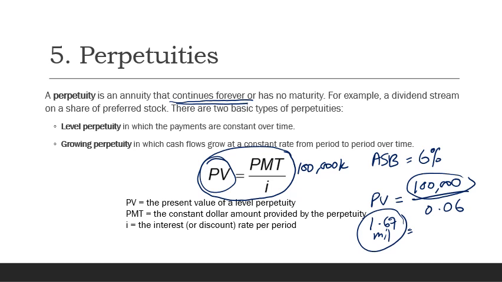So basically, I have already covered all the types of time value of money. As mentioned in the objective of this chapter, it is important for you to be able to translate time value of money problems into a timeline.